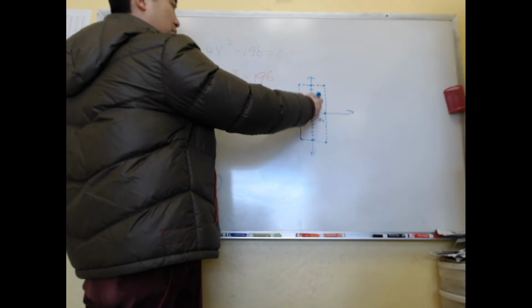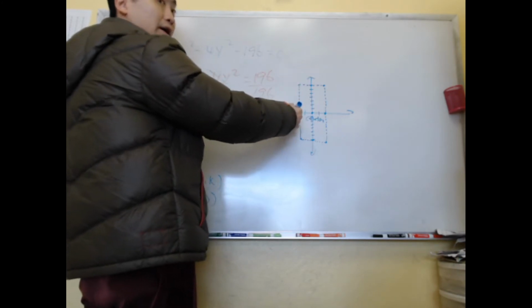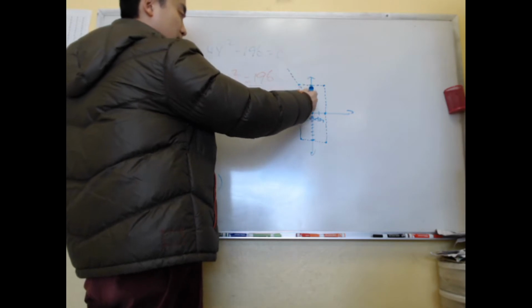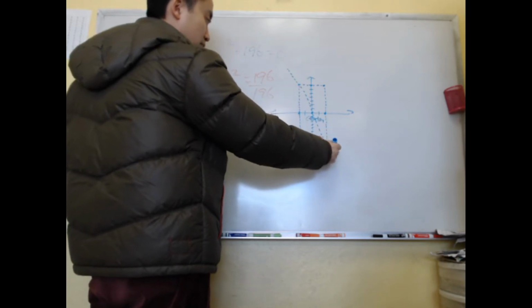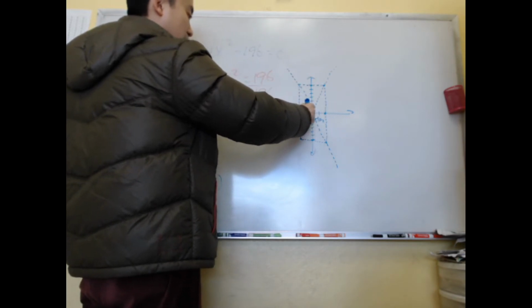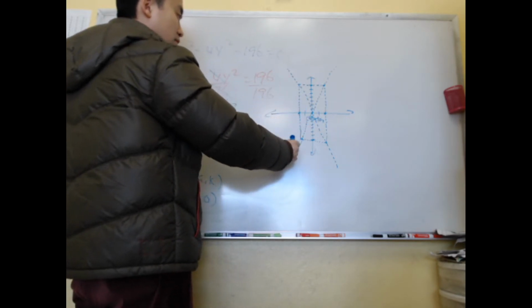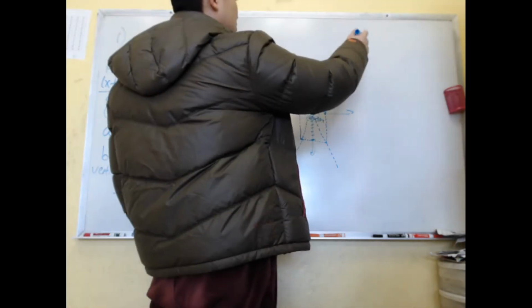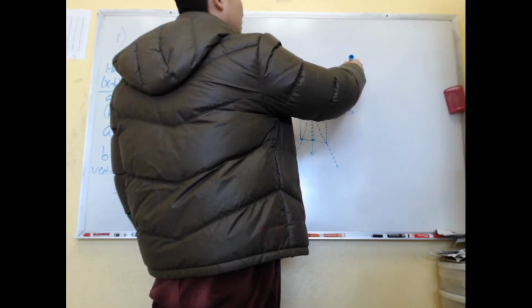This is kind of like a rise over run, right? Rise over run. If I try to connect them, what does that tell you? Diagonal. The horizontal, what do you call that? Not the horizontal, the slant asymptote. Yeah, the slant asymptote.